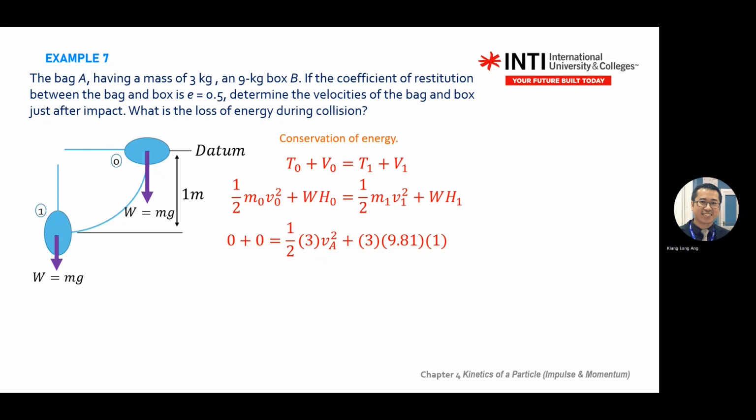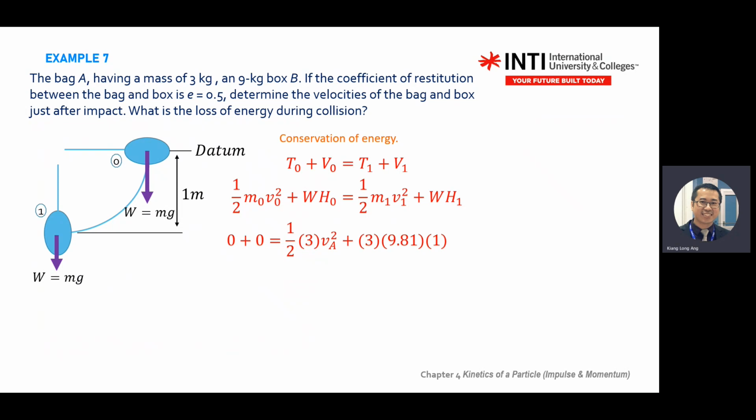Velocity 0. Datum 0, right? Then in this case, my datum is below. I should put negative there. So mv square minus something. My h should be minus 1.